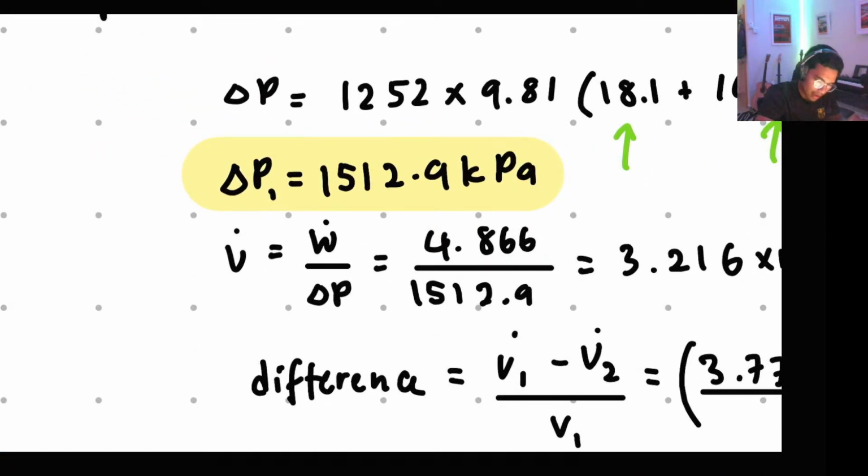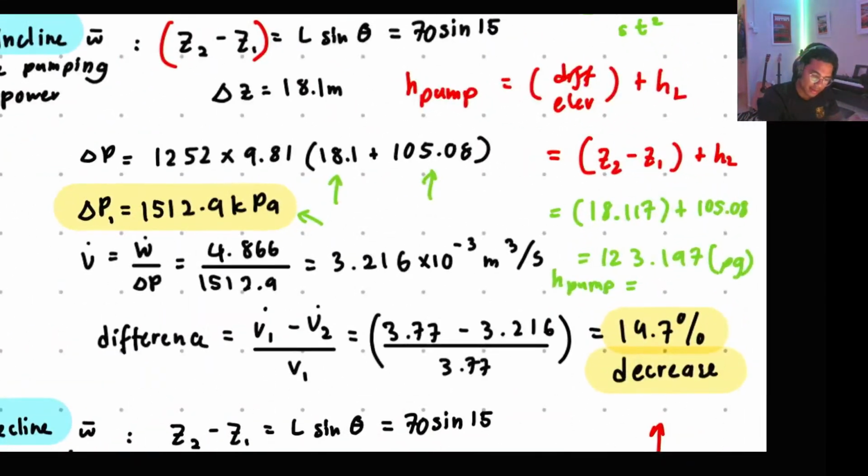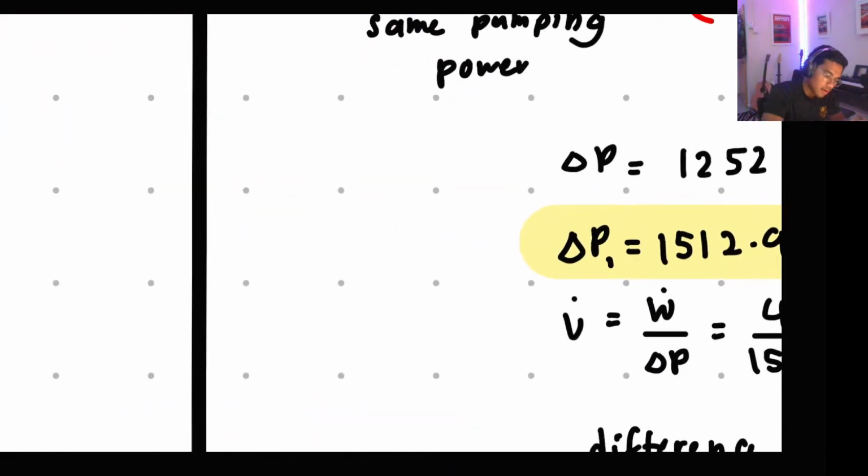Dapat jawapan ni. Dah senang. H pump darabkan dengan rho g, kau akan dapat pressure drop.